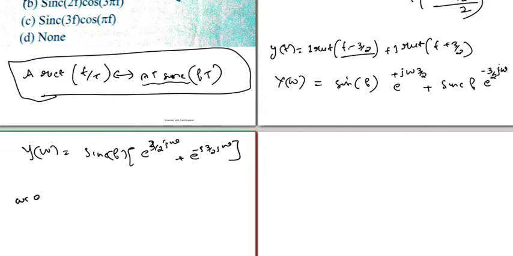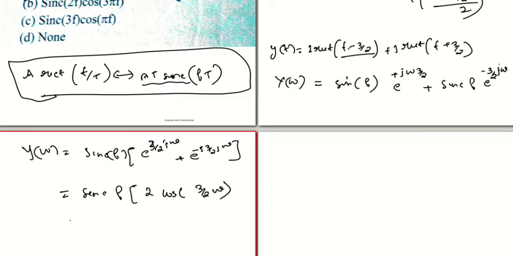We know that cos theta equals e raised to j theta plus e raised to minus j theta divided by 2. So I can replace it with 2 cos 3/2 omega.